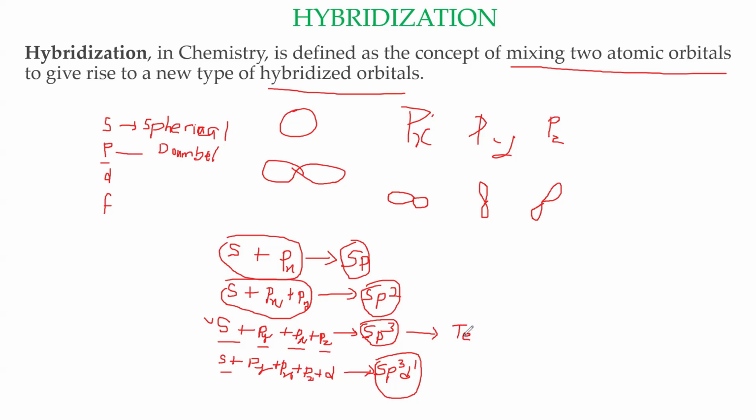From here, you can clearly understand that hybrid orbitals have unique properties that differ from the individual atoms. So this is what we call hybridization: when two or more orbitals mix together, they usually produce hybrid orbitals, and these hybridized orbitals have unique features that differ from the individual orbitals.